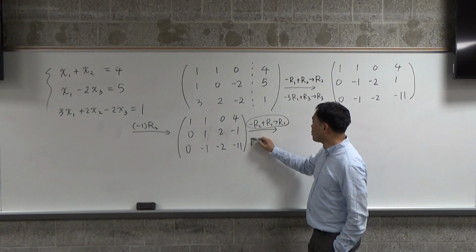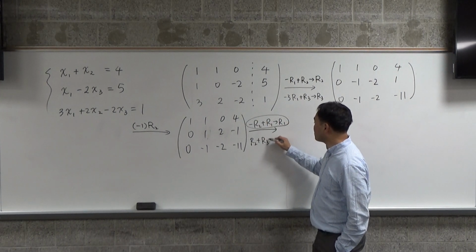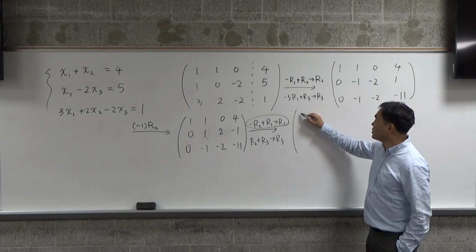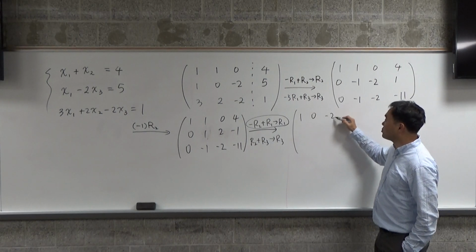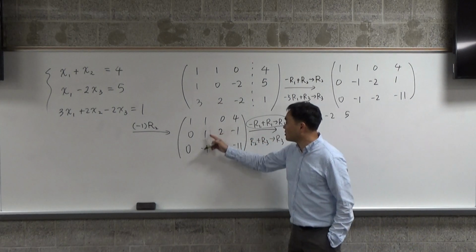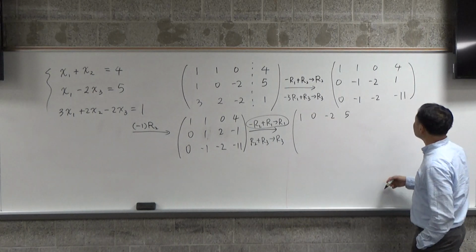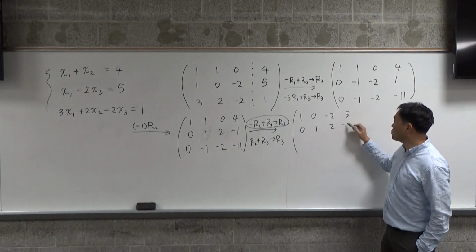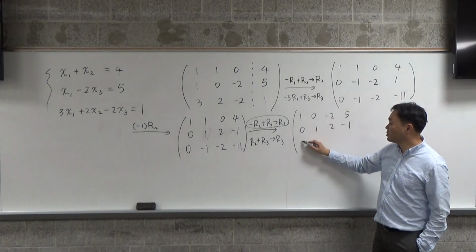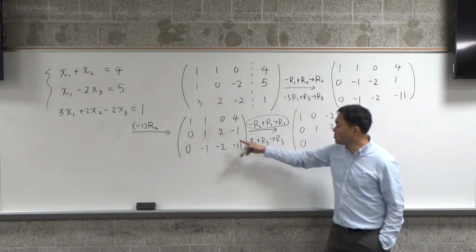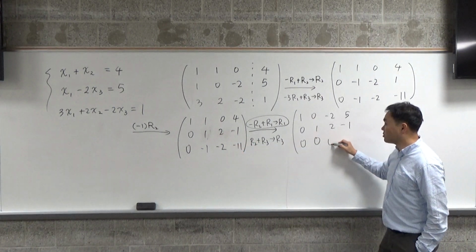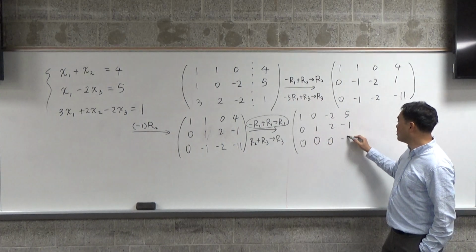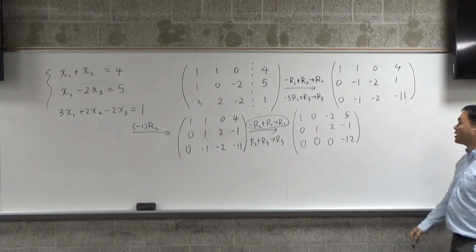And then row 2 should be added to row 3, replacing row 3. And the result is that you have 1, 0, negative 2, positive 5 if you subtract this off from here. Or you could have added here. Okay, and then 0, 1, 2, negative 1, we don't do anything. And then this one, if you simply add these two, it's 0, 0, and then negative 12. You get that.